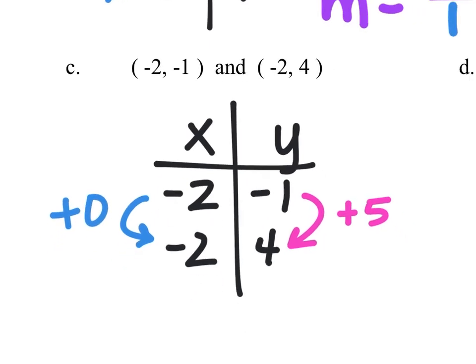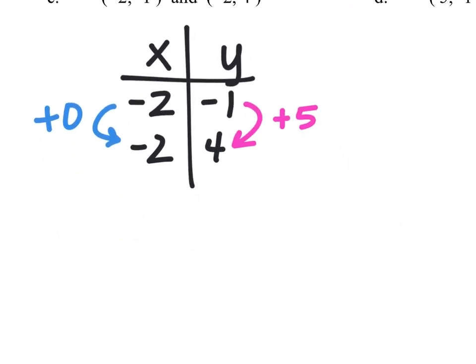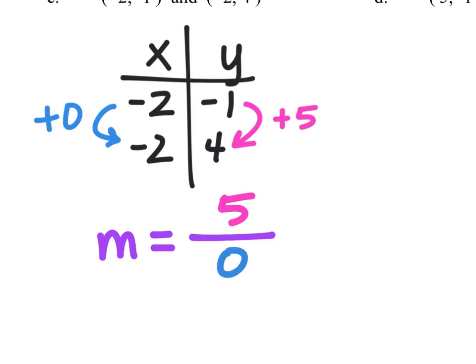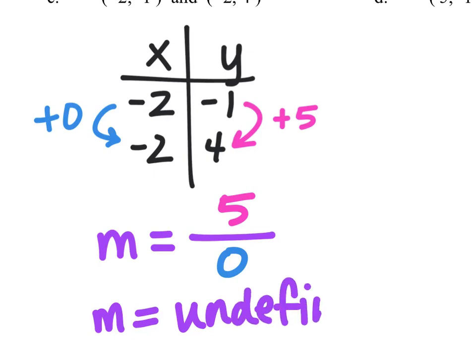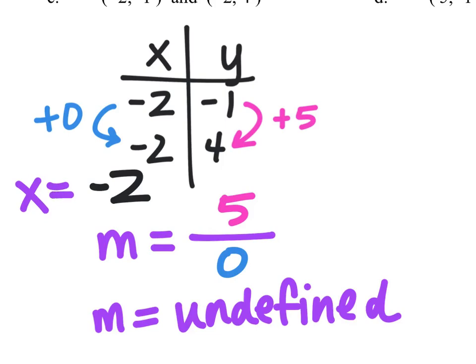And that is going to be something special, because with the slope being the ratio of the change in y to the change in x, we have to remember that we are not allowed to divide by 0. Wherever we divide by 0, that number is undefined. So for this equation, the slope is undefined, meaning that we have a vertical line whose equation is x equals -2.